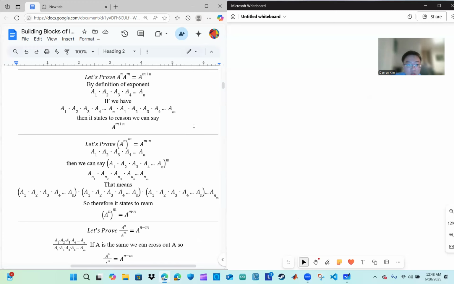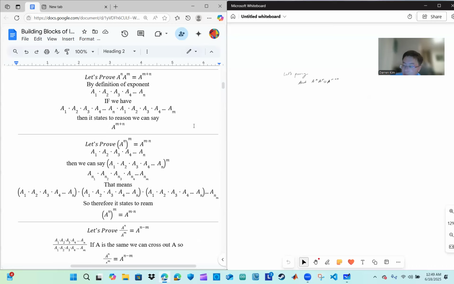Okay, we'll start here. So let's start by proving that a^m = a^(n+m).